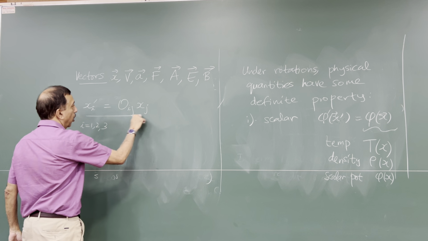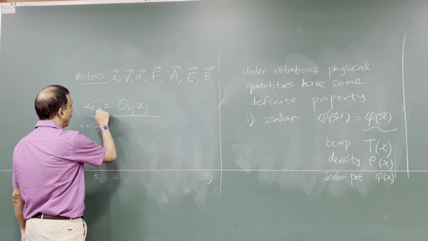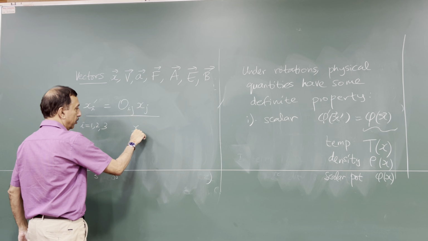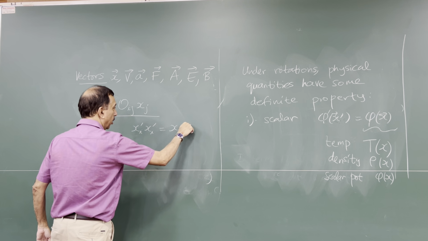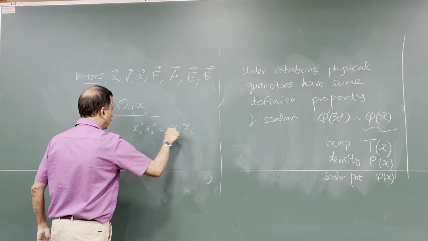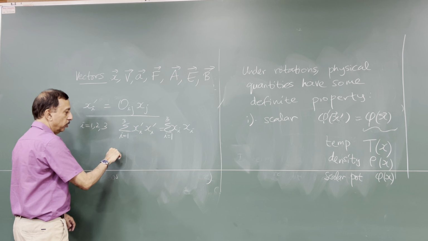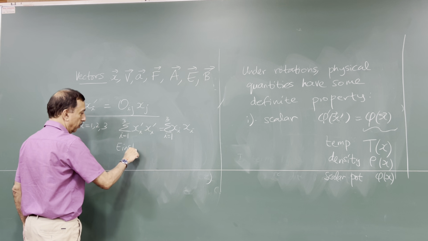Okay. What is the key property of rotation? It preserves the length of the vector. So x_i prime x_i prime should be equal to x_i x_i, where I sum on both sides, i going from 1 to 3. Most often I am not going to write this summation, so we will use what is called Einstein summation convention.